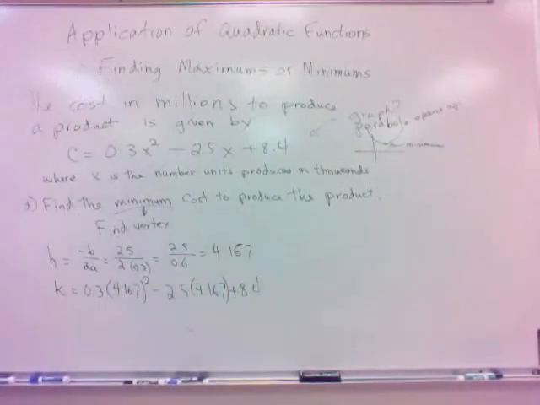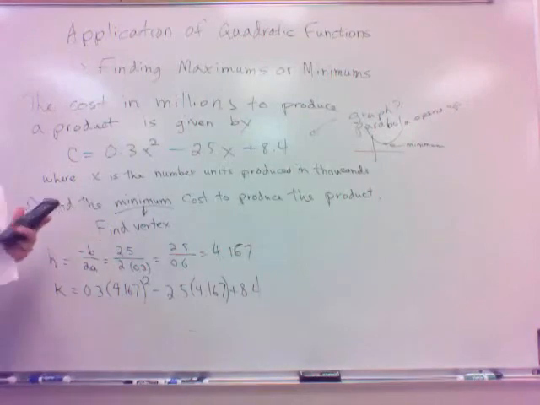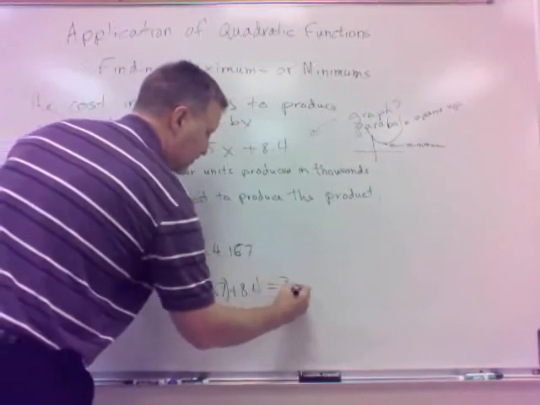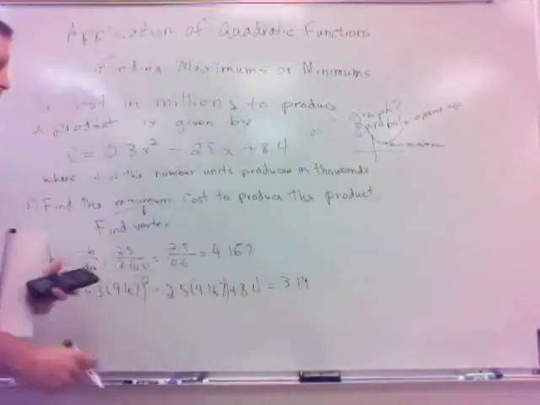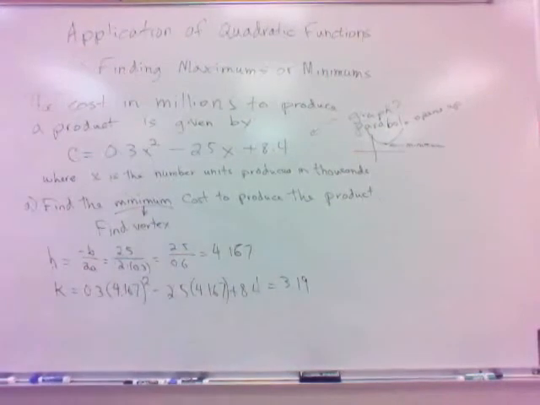I'm just going to plug that all in: 0.3 times 4.167 squared minus 2.5 times 4.167 plus 8.4. I get 3.19, two places. Okay?